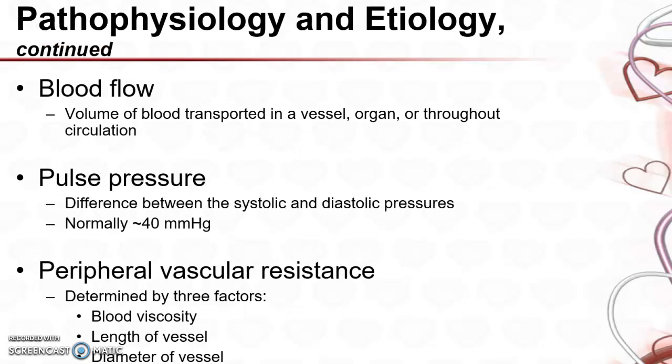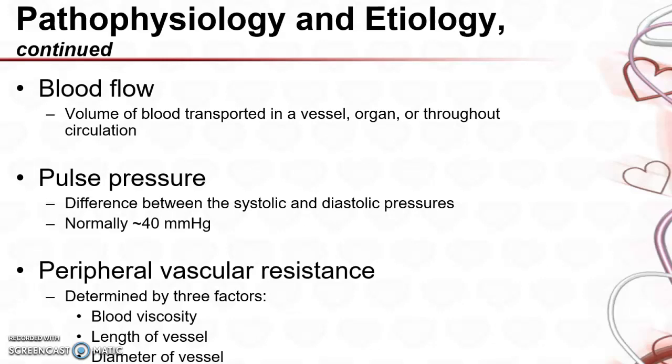Blood flow is the volume of blood that's transported in a vessel, organ, or throughout circulation. These are some terms that you should know in relation to perfusion. Pulse pressure is the difference between the systolic and diastolic pressures that we discussed. Normally, this should be approximately 40 millimeters of mercury. Then we have peripheral vascular resistance.